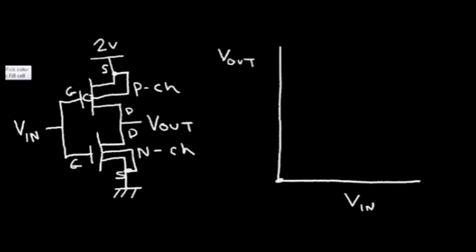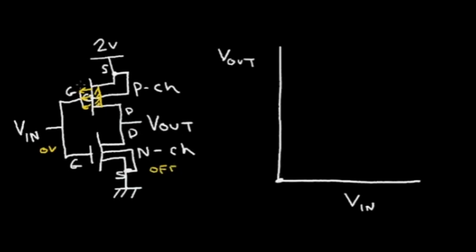If we have 0 volts at the input, we have a strong E field. The source is sitting up at 2 volts, so we have a strong E field in this gate region, and we form a channel in this PMOS transistor, and our NMOS transistor is in the off condition because the gate voltage is below the threshold voltage that turns on the NMOS transistor.